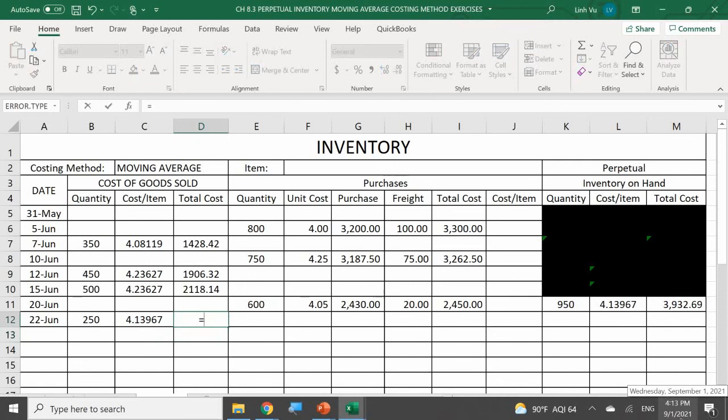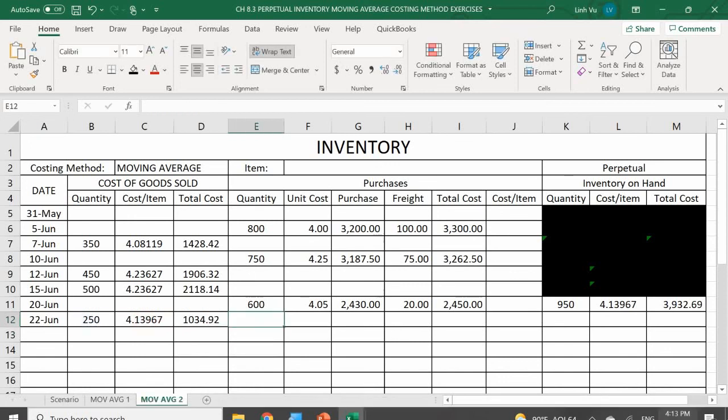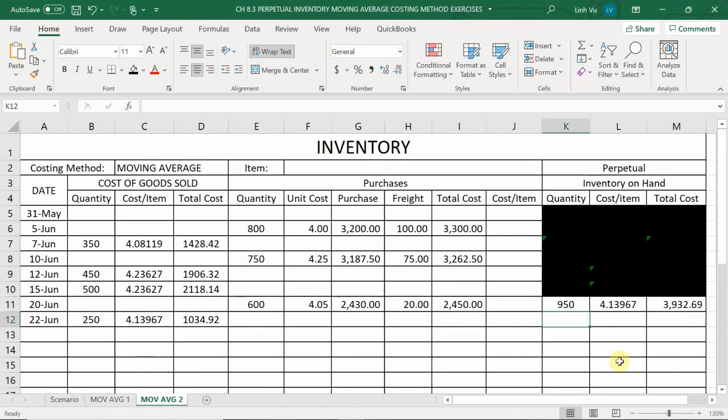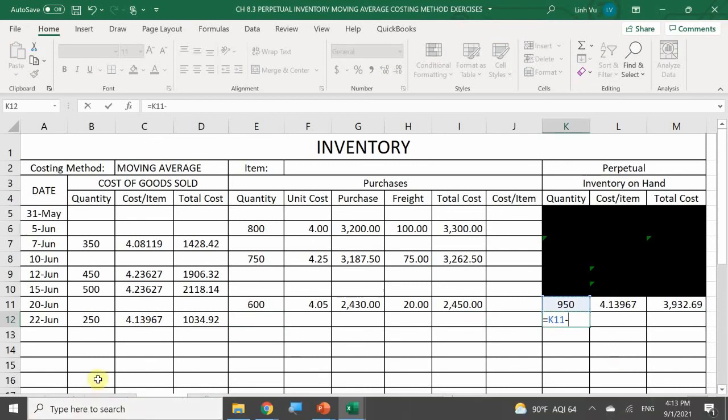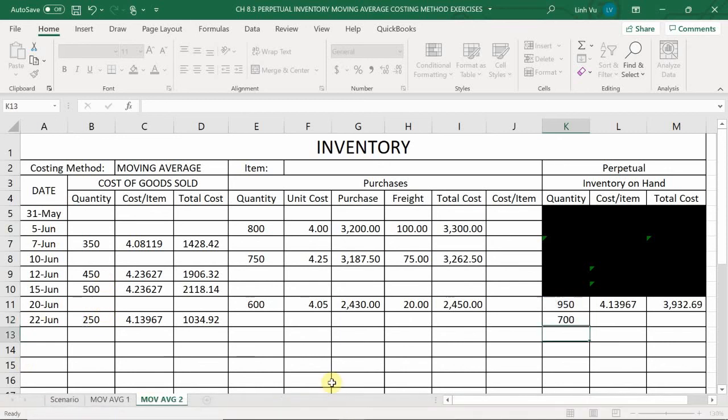So therefore, what is going to be my cost of goods sold? 1,034.92. Good. So let's update my inventory once again because I no longer have 950, because I ended up selling 250. So I should have a total of 700 left. Okay.